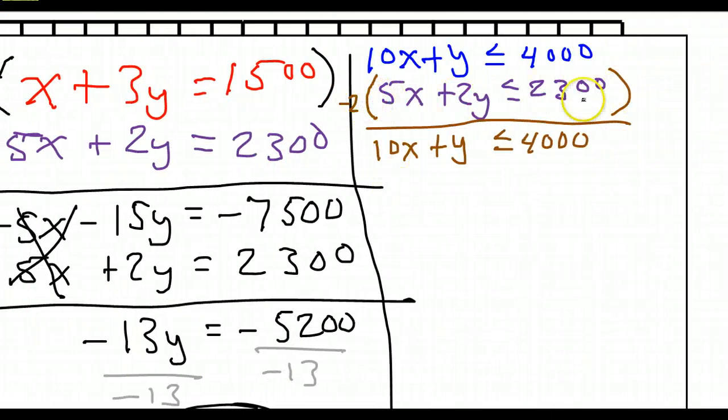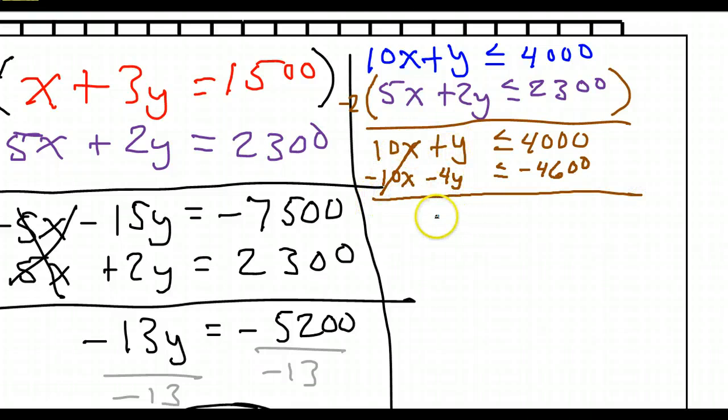But the bottom equation, that's going to be -10x minus 4y is less than or equal to, alright, so I'm doing 2,300 times -2, and I'm getting -4,600.